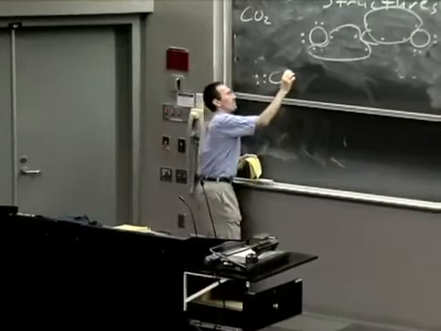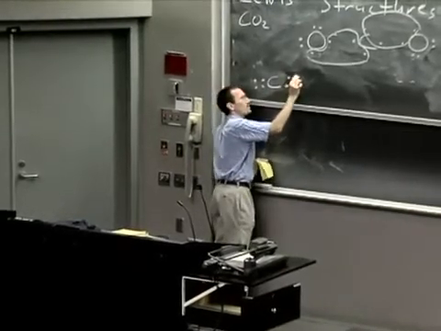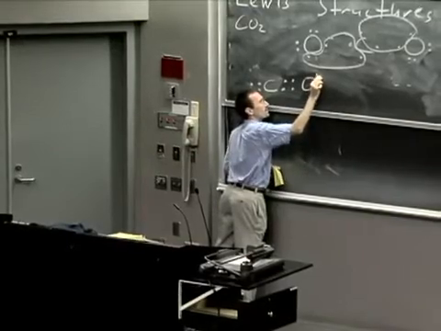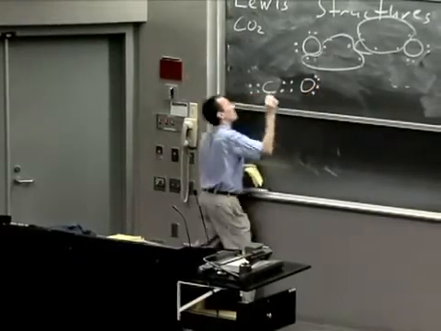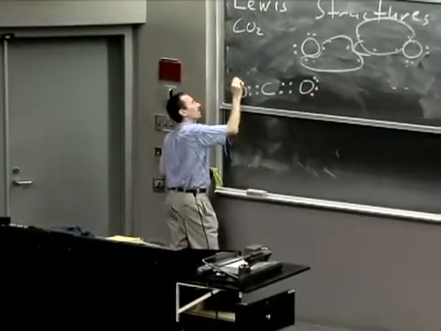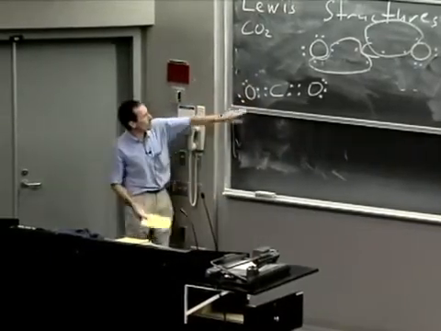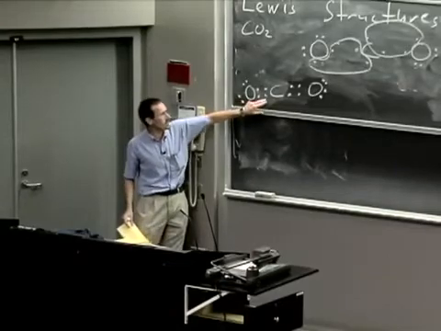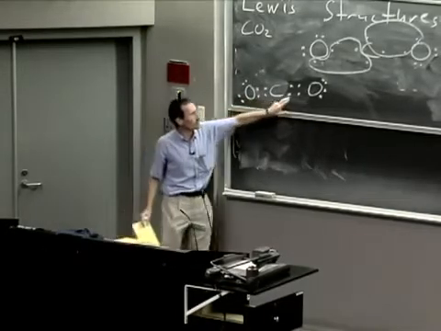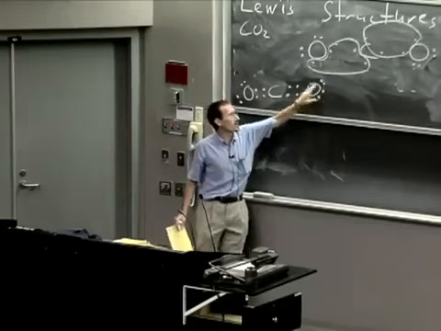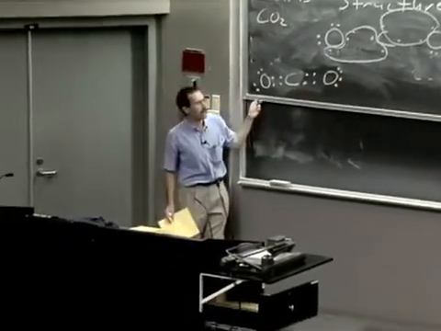Maybe in the beginning of freshman chemistry, you would do it like this. Here are our oxygens. And I've drawn 2 pairs of electrons between the carbon and the oxygen, 2 pairs between the carbon and the other oxygen, and 2 pairs of electrons on each oxygen.